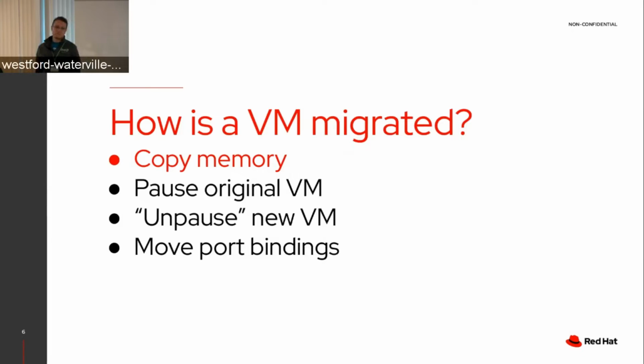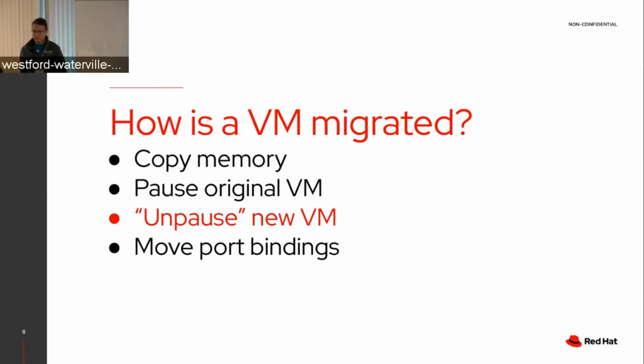Anyway, assuming you kept up and you have a complete copy of your state of the VM in a different place, you're ready to move to the next step, which is pausing the VM on the original host. Since you have the full state in the new destination, you should be able to unpause it there.